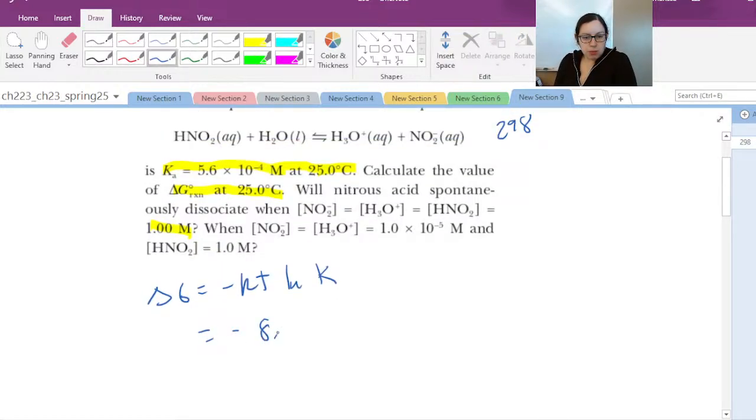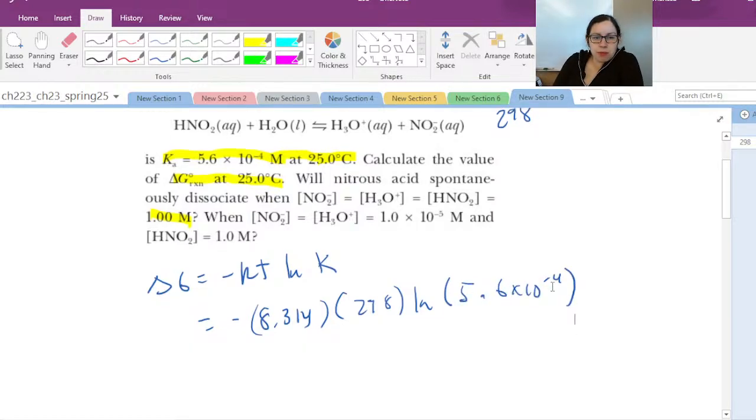So negative 8.314 times 298. And then they gave us our Ka, right? So natural log of 5.6 times 10 to the negative 4.